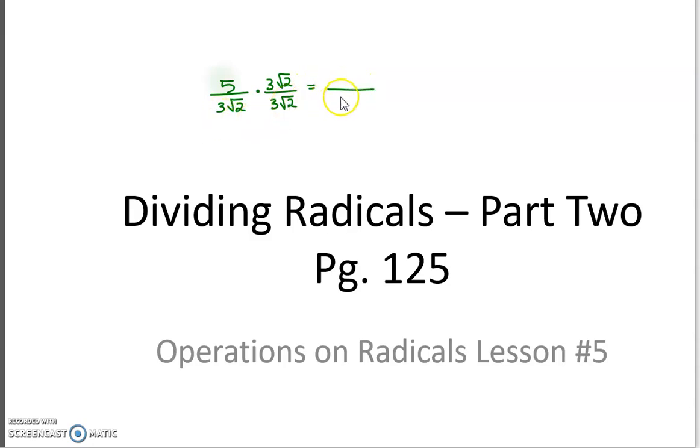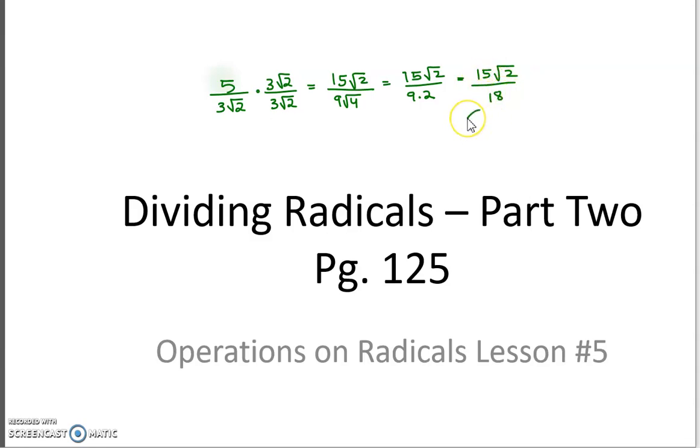So what happens here is you get 9 root 4, and you get 15 root 2. Having a radical number in the numerator is okay, but we just don't want it in the denominator. Once we have this, we can see if we can reduce.